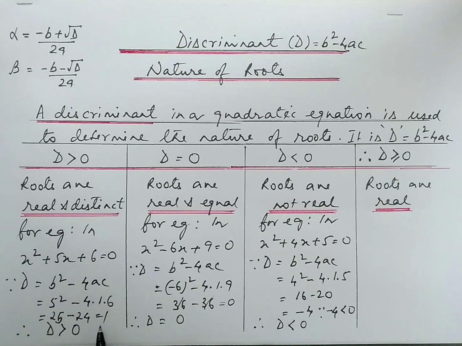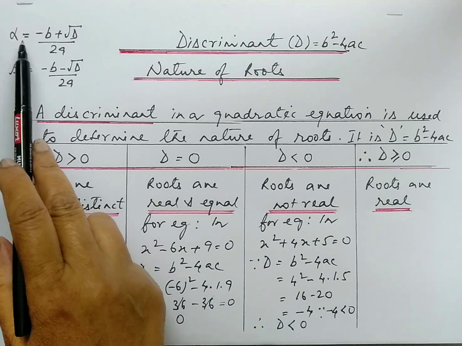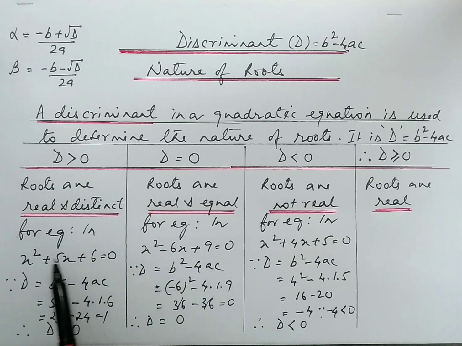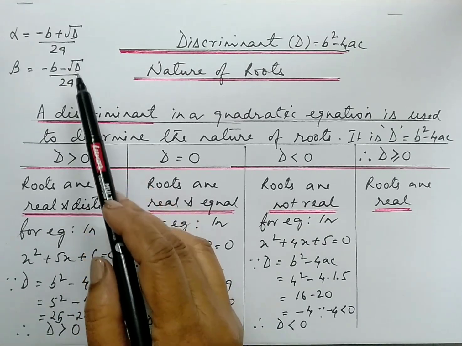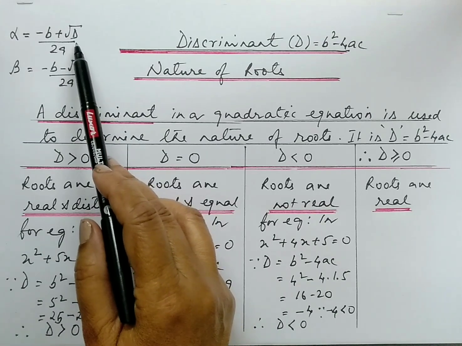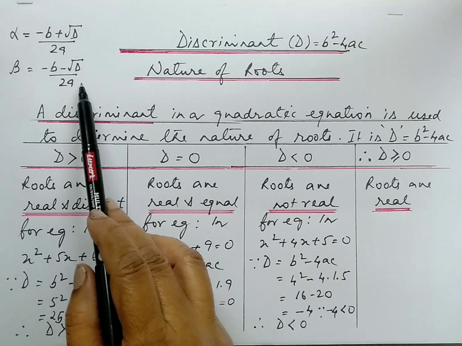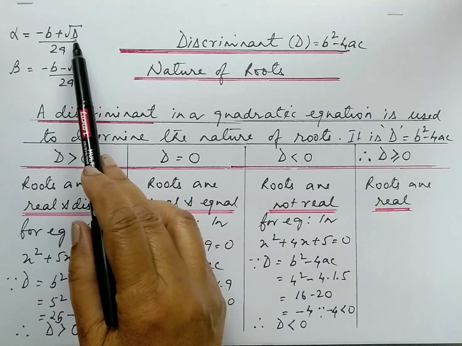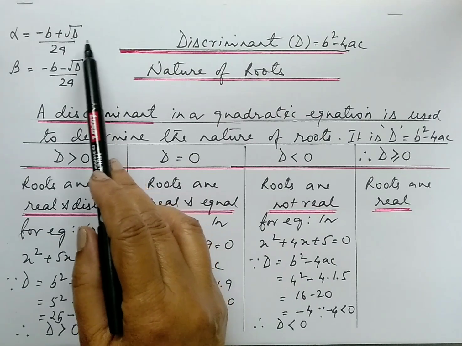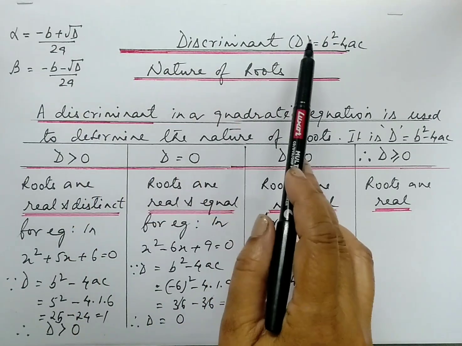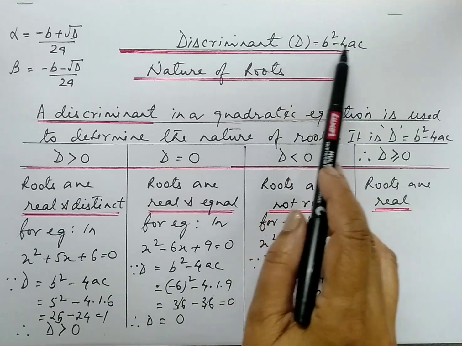So for example, if we were to solve this, we would get some values for x in terms of alpha and beta. To find the roots, we will have to use the quadratic formula. For alpha, you get it like this. For beta, you use this. D you already know, it's b squared minus 4ac. So this D is the same as this, which is equal to this.